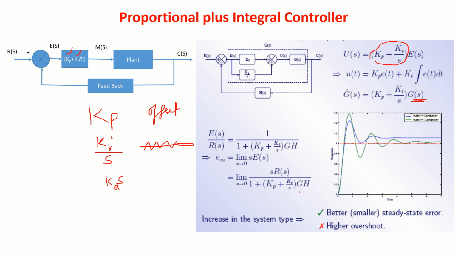So here, if you introduce the plant transfer function, you can understand what will be the error. Suppose it is a step input, meaning R of S is equal to 1 by S. I introduce, S and S will cancel. It will become 1 plus Kp plus Ki by S.